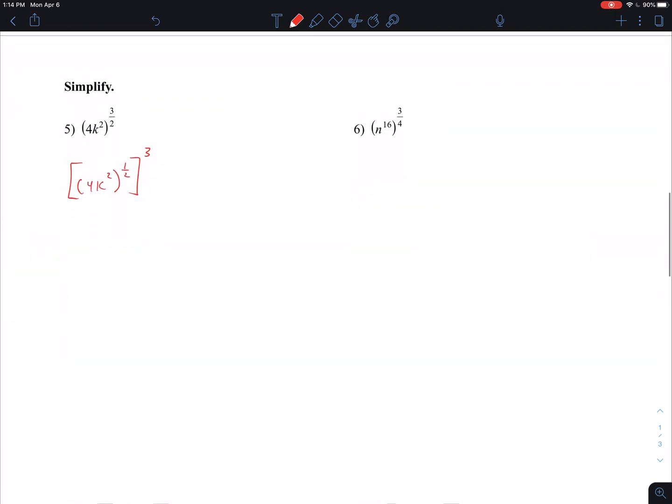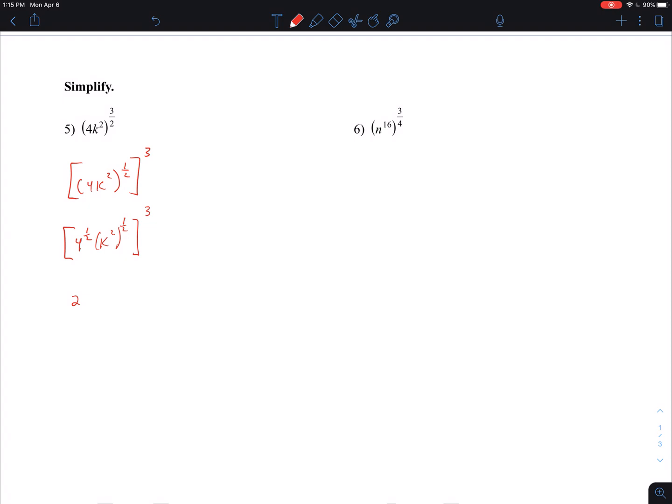So 3 times a half is 3 halves. Now, I can clearly see that I'm taking 4 to the half power and k squared all to the half power. And then what we're doing is we're cubing it. So, in other words, what's the square root of 4? Well, that's 2.